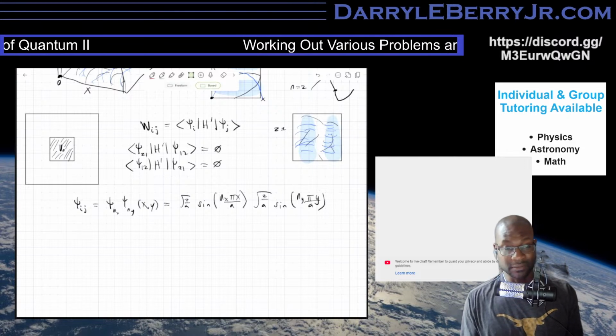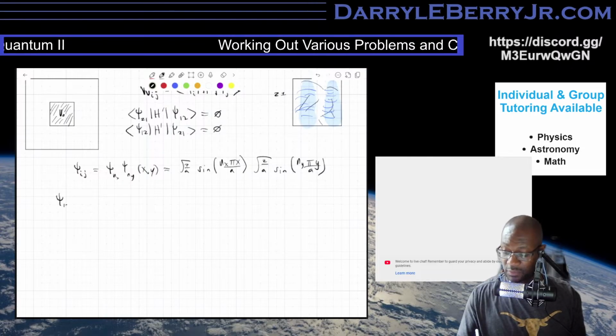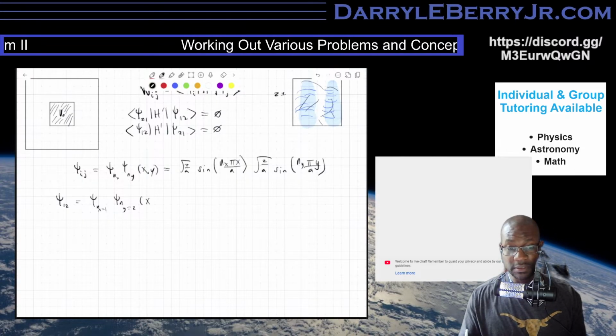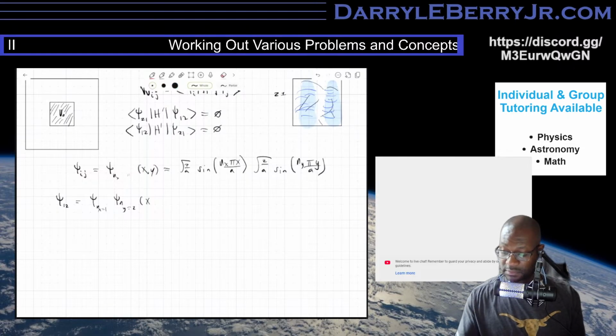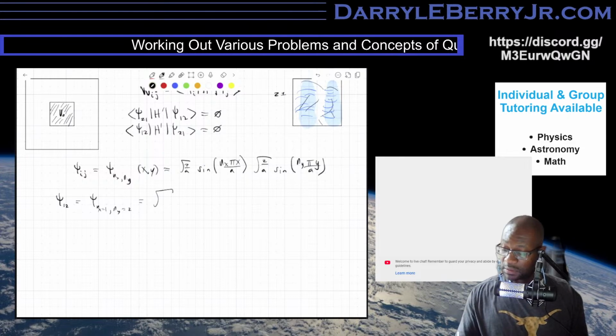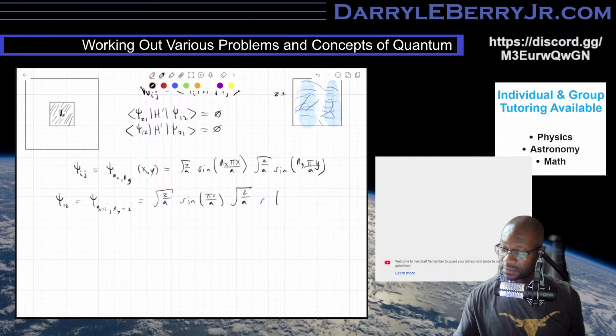There's one for x, one for y. So psi_12 equals psi with n_x equals 1, n_y equals 2: root of 2 over a sine pi x over a, root of 2 over a sine 2 pi y over a.